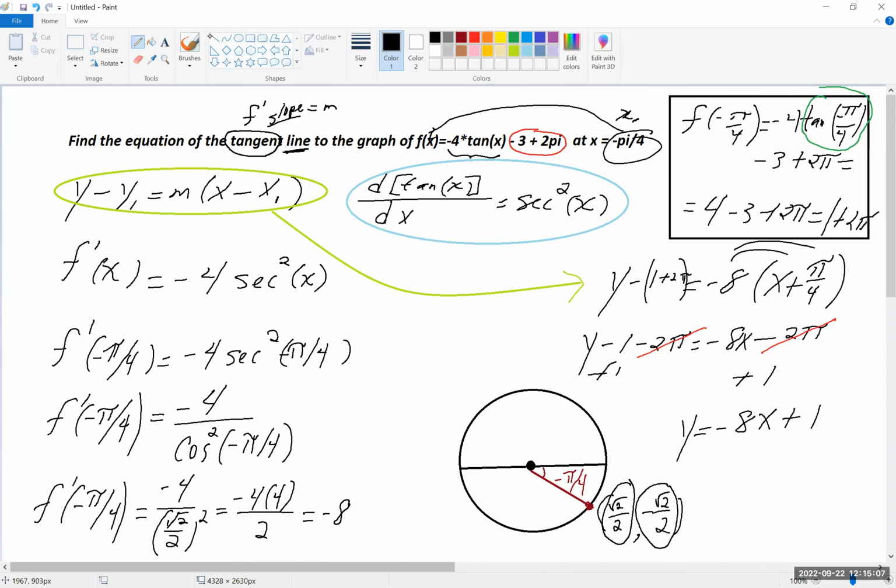And so just very, very quickly here, I'll just remind you that the y-intercept is 1 and the slope is negative. So it's going to go something like this.